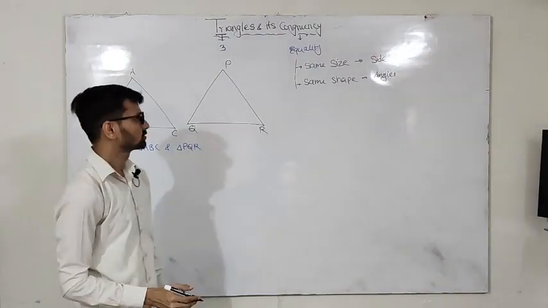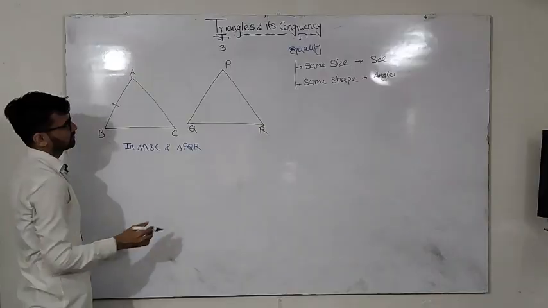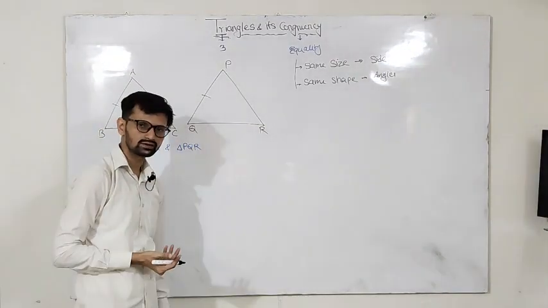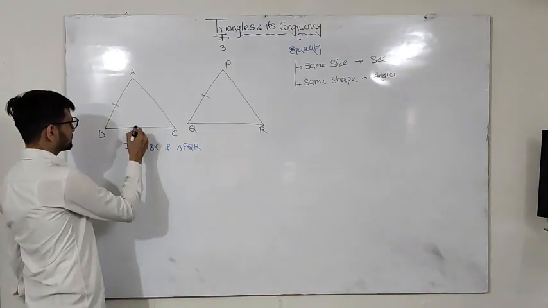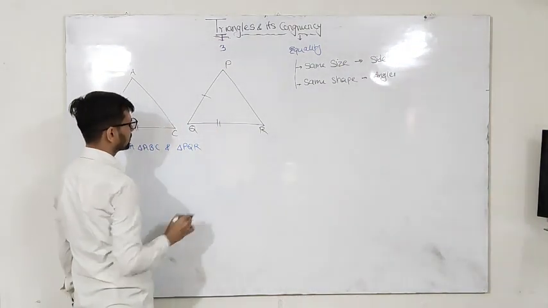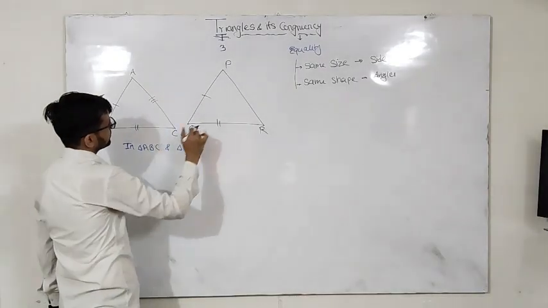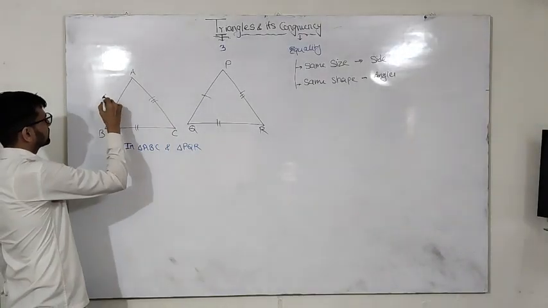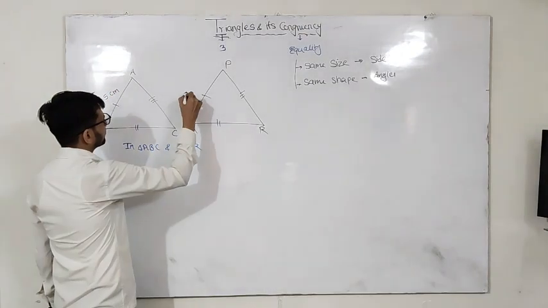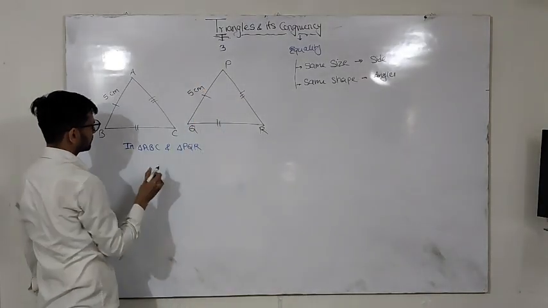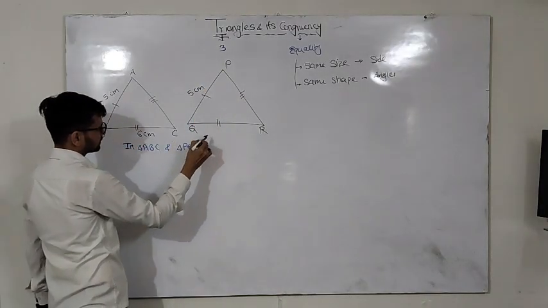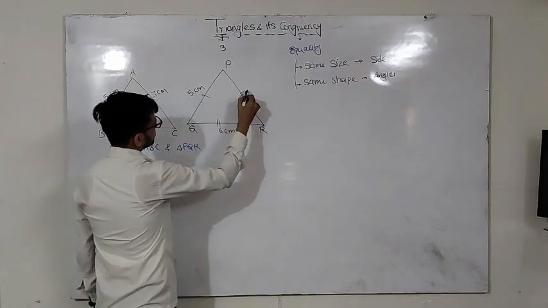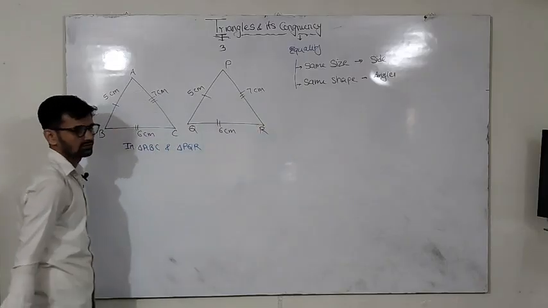Suppose side AB is equal to side PQ, meaning side AB is congruent to side PQ, side BC is congruent to side QR, and side AC is congruent to side PR. Suppose here it is 5 centimeter, then it is also 5 centimeter. If it's 6 centimeter, then it also will be 6 centimeter, and if it's 7 centimeter, then it will also become 7 centimeter.